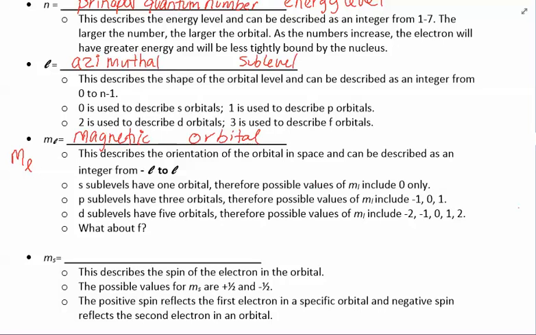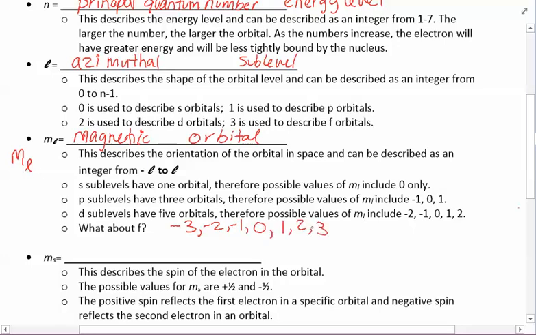What we're doing is essentially pulling the l, going from -l to +l, and it happens to correspond with the quantity of orbitals within specific quantum values. So what about F? F is going to go from -3 to +3. So it's going to be -3, -2, -1, 0, 1, 2, 3, which has 7 values.